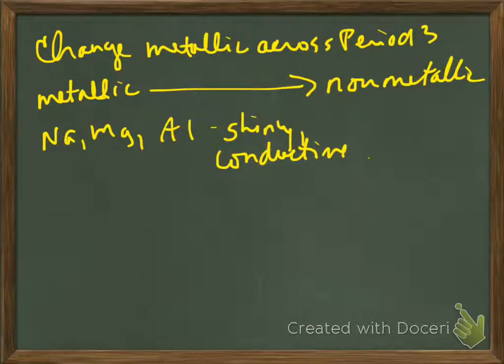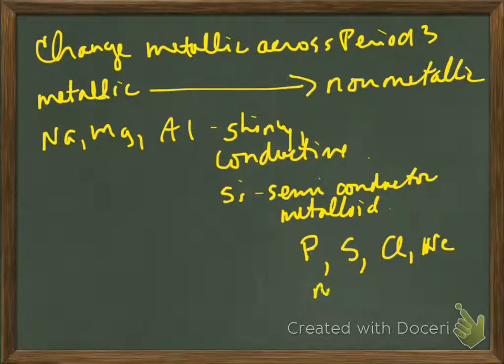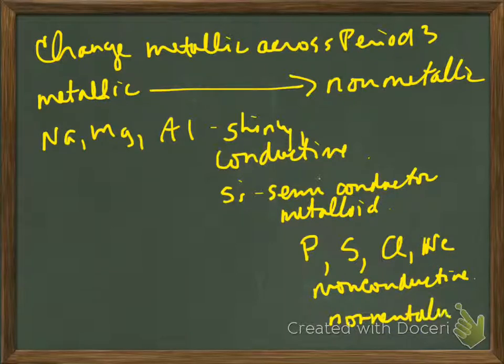Then you have silicon, which is a semiconductor and a metalloid, has properties of both metals and nonmetals. And then you have the phosphorus, sulfur, chlorine, and argon, which are non-conductive. Okay, and nonmetals, so non-metallic properties.